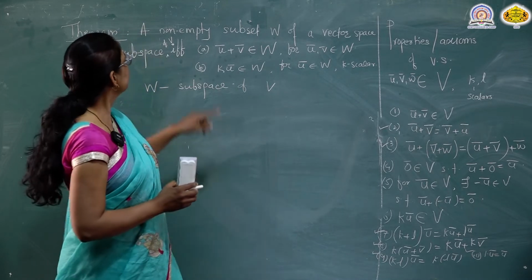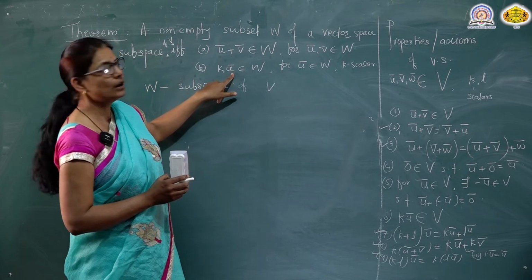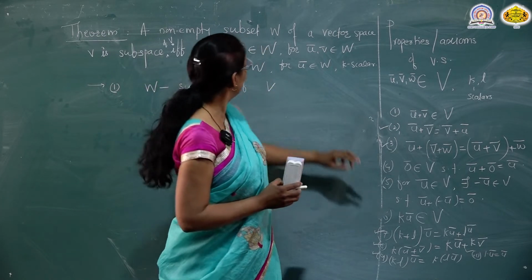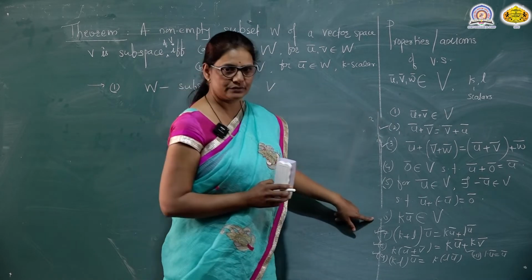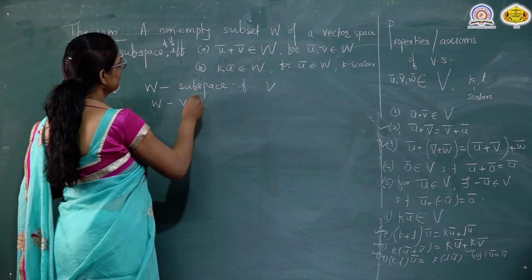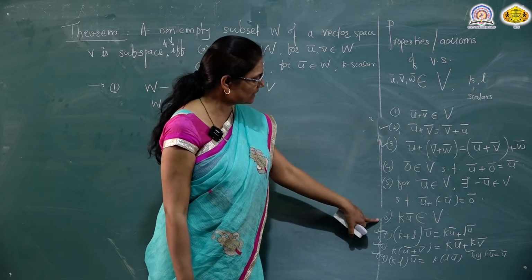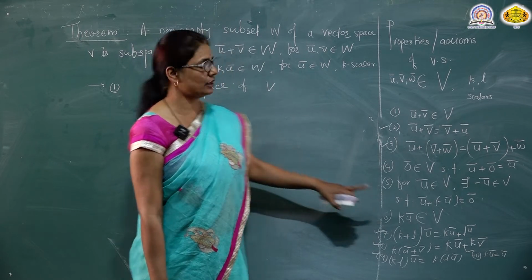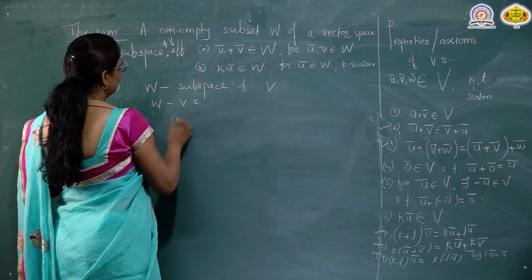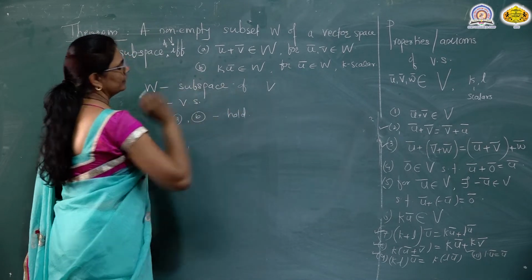So obviously the conditions A and B are true because of axioms 1 and 6. If W is itself a vector space, then by axiom 1 it is closed for addition and by axiom 6 it is closed for scalar multiplication. So both conditions A and B hold here.